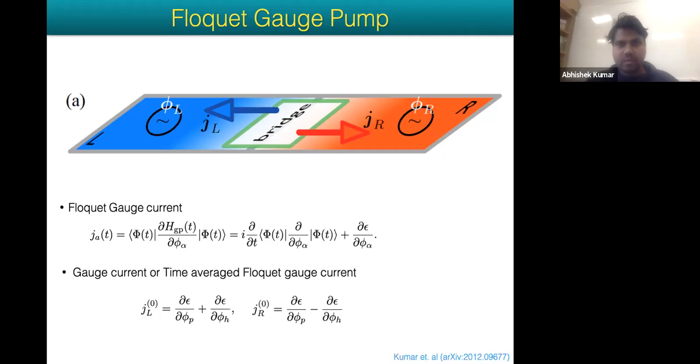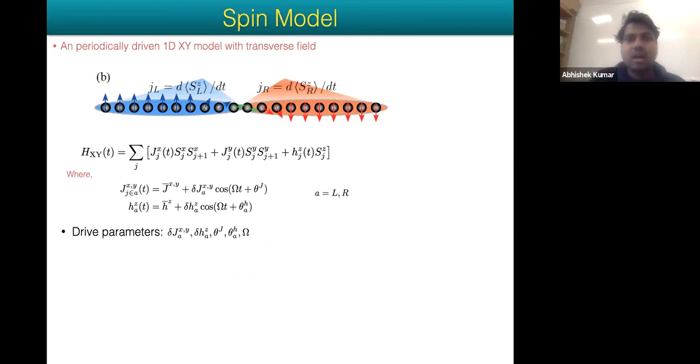Okay, so having described the general setup, now I will consider a concrete model where I will implement this idea and calculate different things.